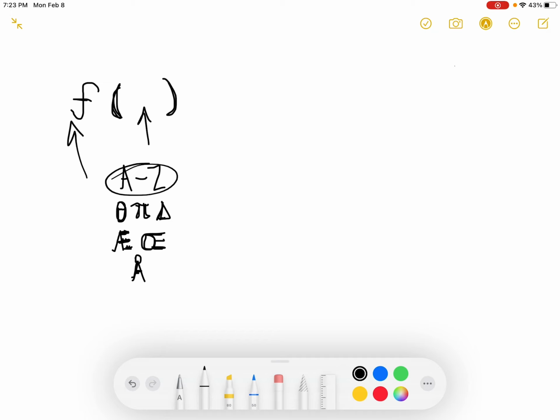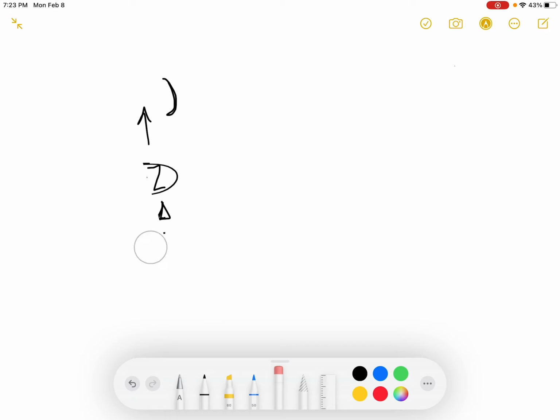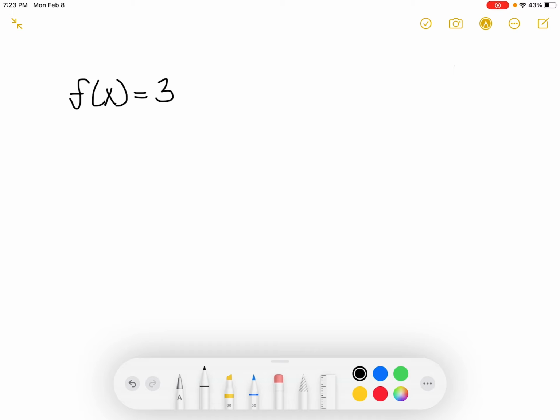Same thing applies for this f. It doesn't have to be f. It could be g. But it depends on what you're measuring. Like, let's say you're measuring speed or velocity. You might use v, v of c or something like that. You could do that. But it's whatever the word problem says. So let's say that f(x) equals 3x plus 1. What is f of 3?